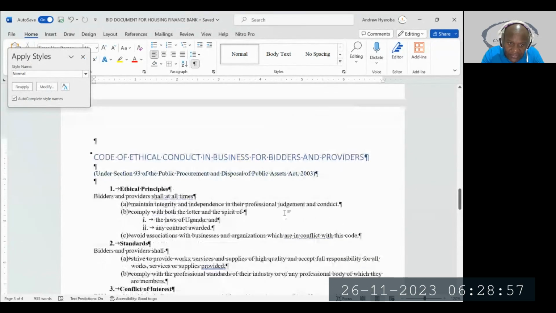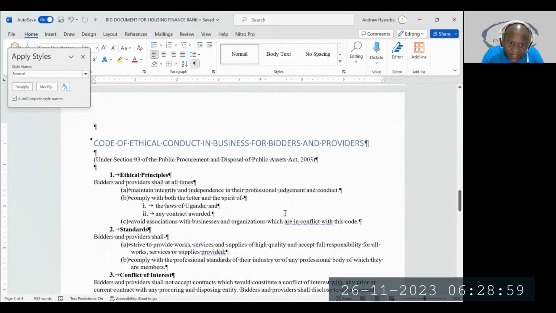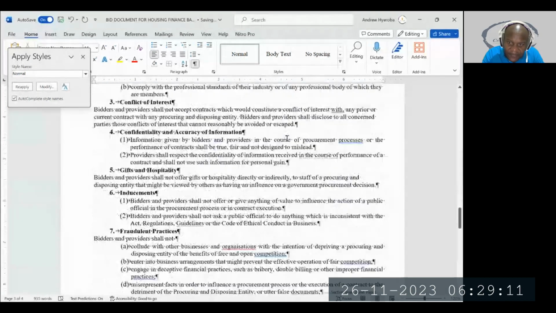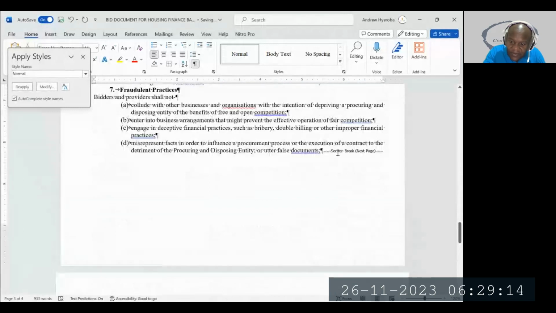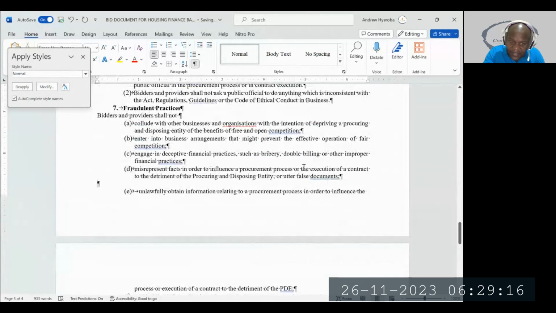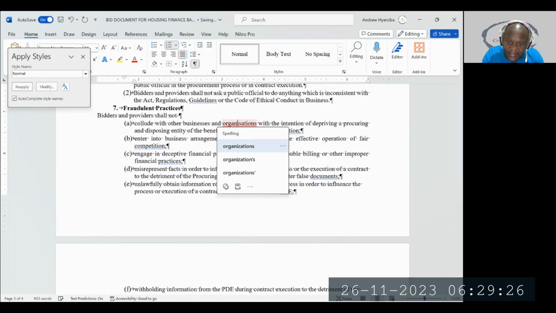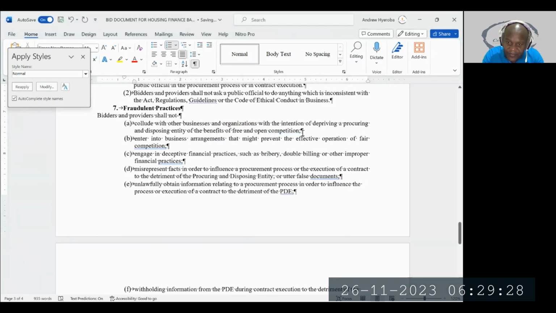Okay. So under section 93 of the PPDA Act, bidders and providers shall at all times maintain integrity, blah, blah, blah, in conflict, fraudulent practice. Okay, so there was a section break there that was consuming our space. Unlawfully. So all these are things you must just say, yes, we agree. We agree.